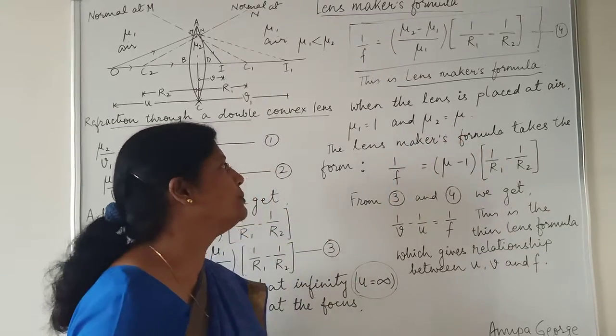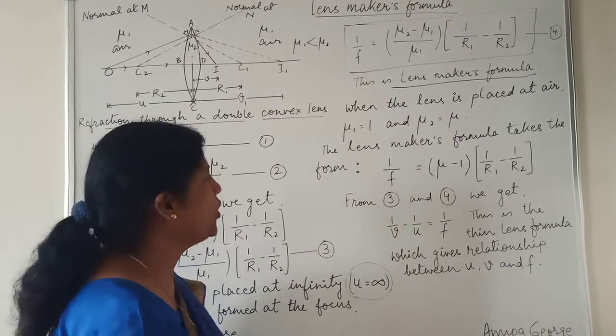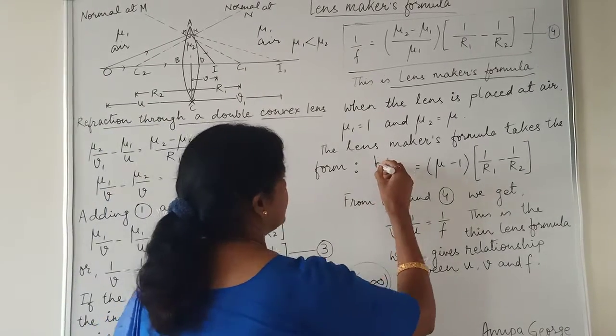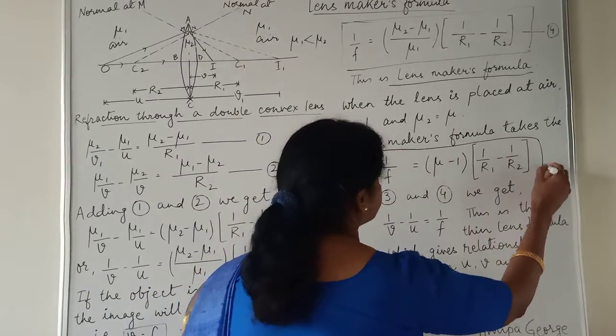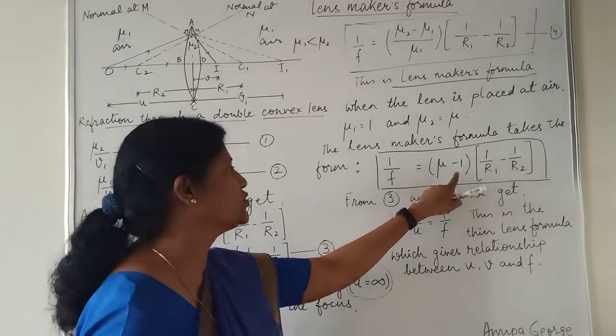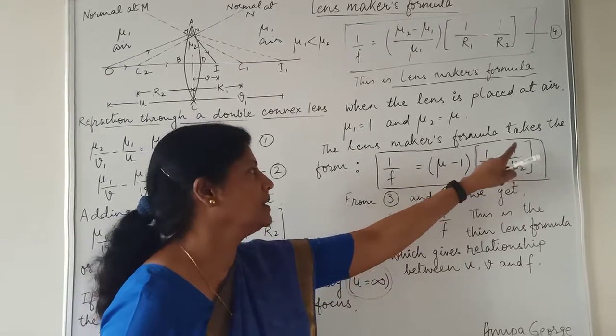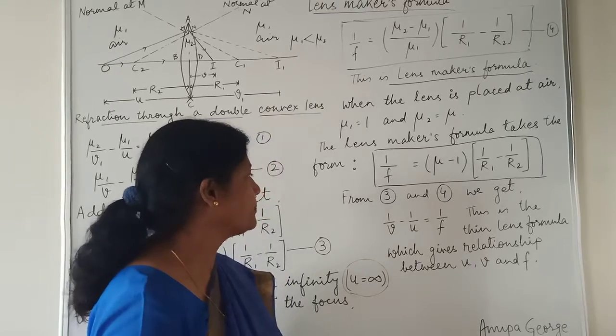Then the lens maker formula takes the form 1 upon f is equal to mu minus 1 into 1 upon R1 minus 1 upon R2.